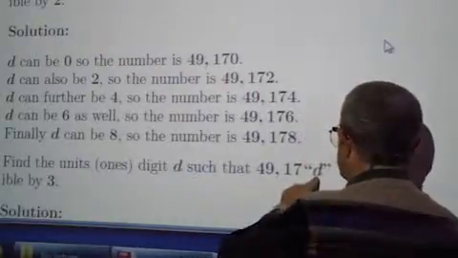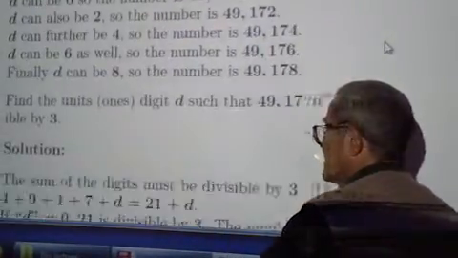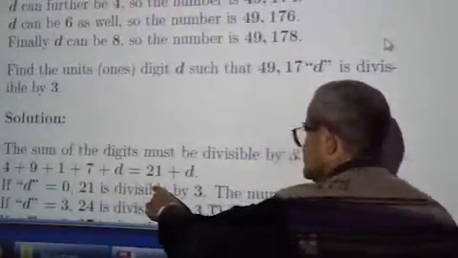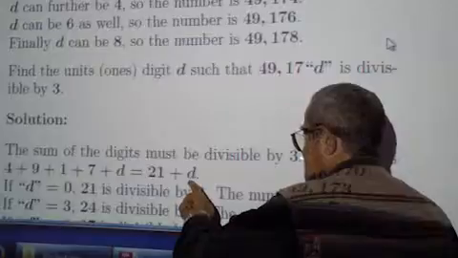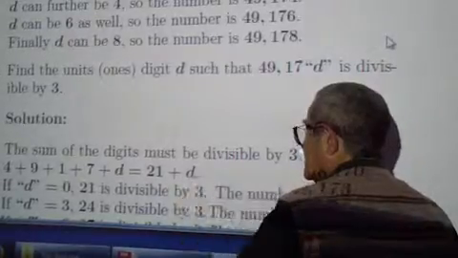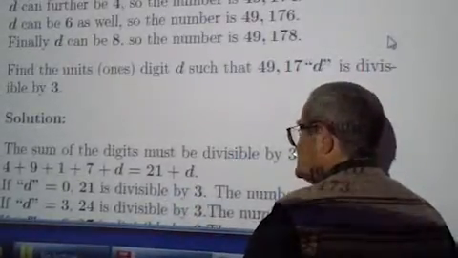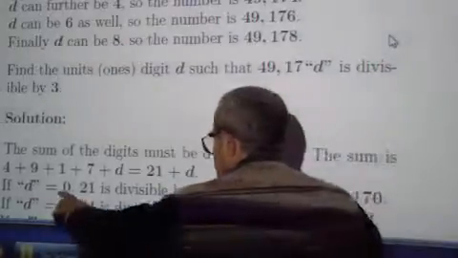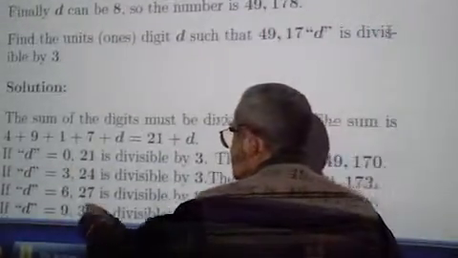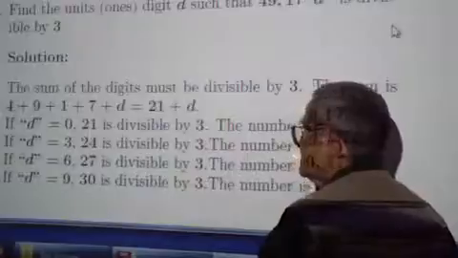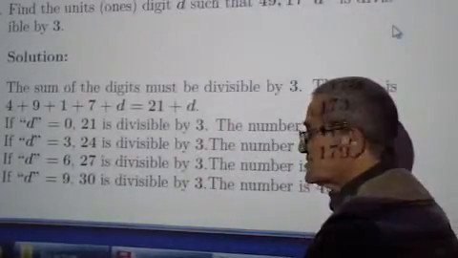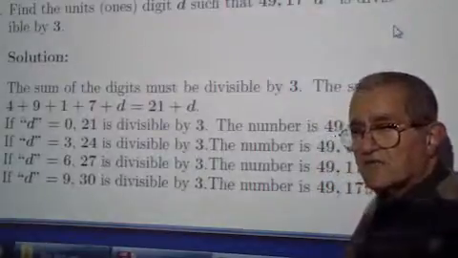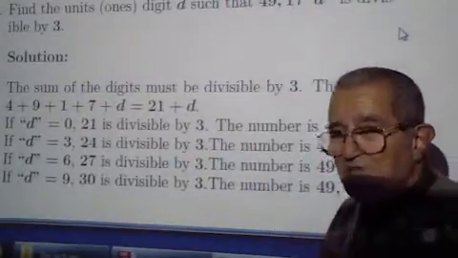And then find the units digit for divisibility by 3. The sum of the digits is supposed to be 21. So 21 plus the digit in the ones position, and that is supposed to be divisible by 3. So D can be 0, D can be 3, or 6, or 9. So 0, 3, 6, or 9. Did you get that? Hey, you got it! Wonderful!